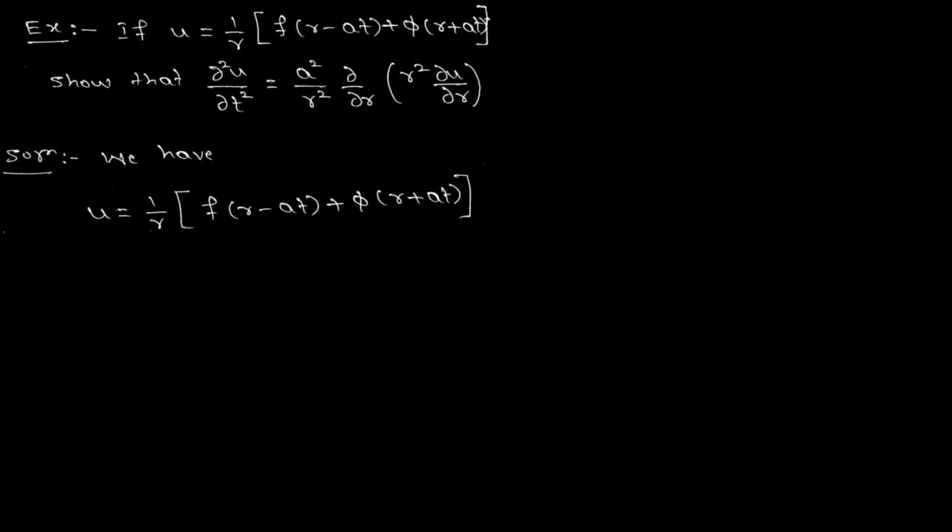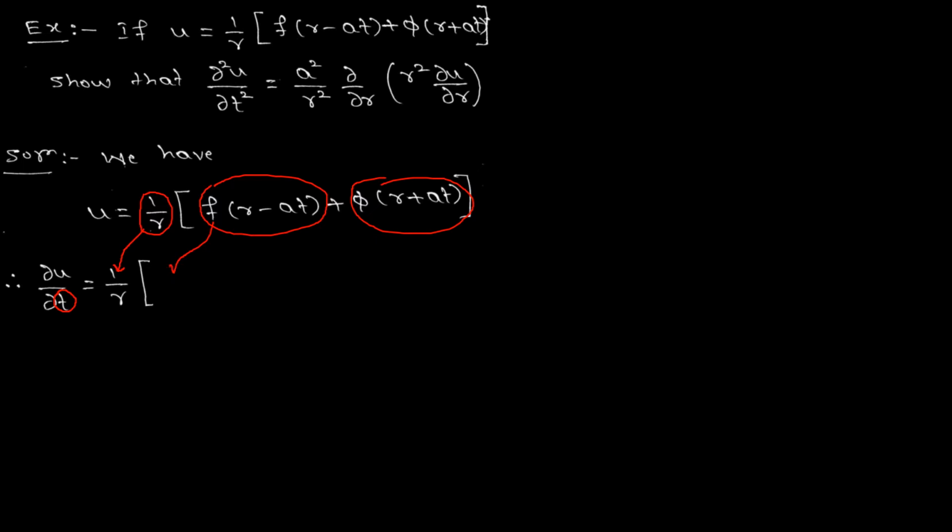Now let us differentiate u with respect to t partially first. If we are differentiating with respect to t, r will be taken as constant. So let us keep this 1 by r outside the derivative and differentiate this function and this function. Differentiation of f gives f dash of r minus a theta.